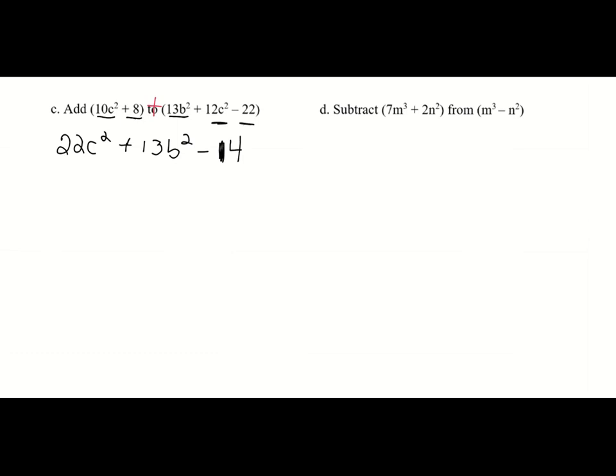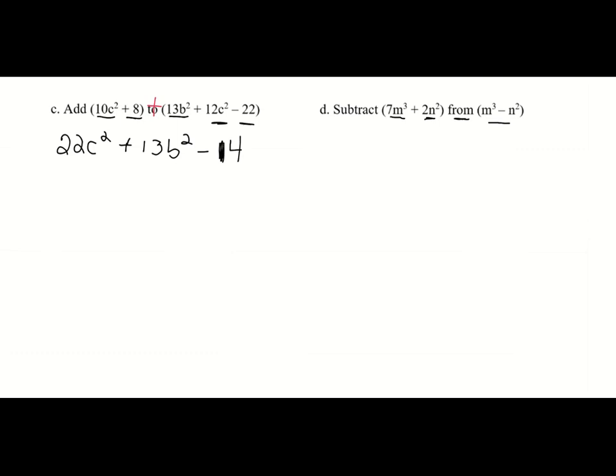All right, now D is a little tricky because they asked us to subtract 7m cubed plus 2n squared from m cubed minus n squared. So think about subtraction. If I say subtract 5 from 10, what number comes first? Hopefully you're like, ooh, 10 comes first, and then you subtract 5.